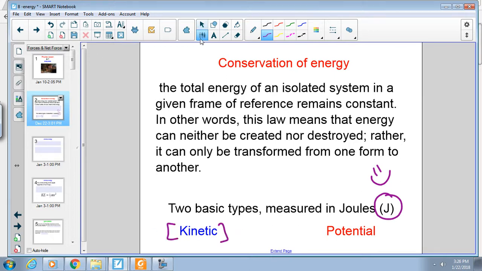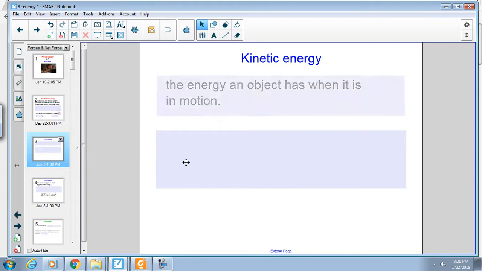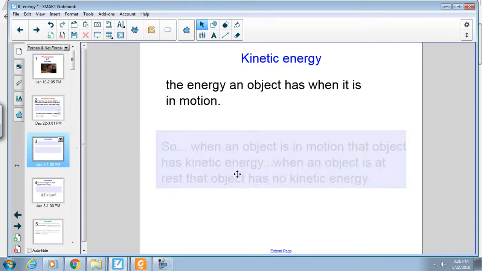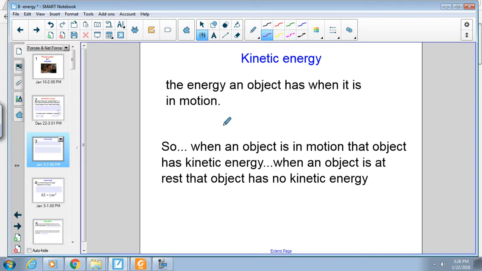So kinetic energy is the energy of motion. Whenever an object is moving, it has kinetic energy, and whenever it's not moving, no kinetic energy. That means one of the main things we're going to look at is how fast that object is moving, or that object's velocity.